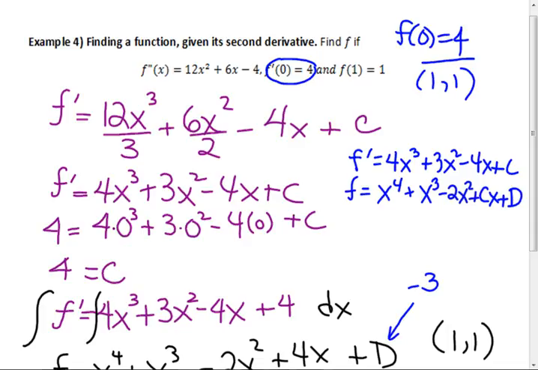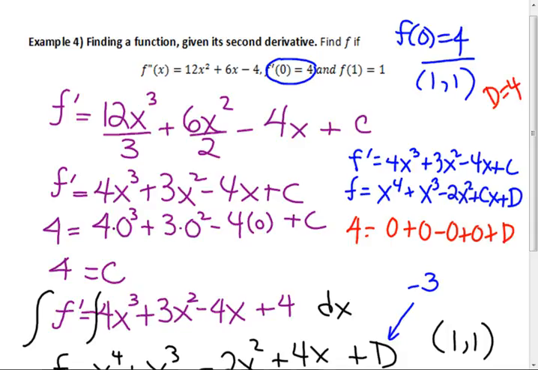Let's put 0 in. This gives me 4. That's all 0 plus c. Sorry, I wrote that wrong. If you look in the book, that's how they did it. I can't put it in there. Sorry, I've got to put it in the bottom one. 4 equals 0 plus 0 minus 0 plus 0 plus d. d is 4.